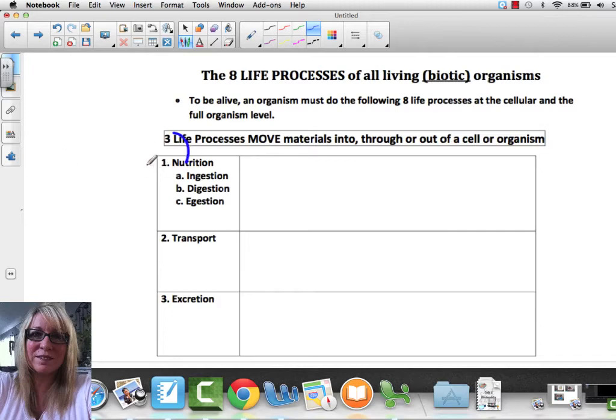So one of the most important life processes is nutrition, and we do that all the time. So we have something called ingestion. A, taking materials from the environment. That is ingestion.